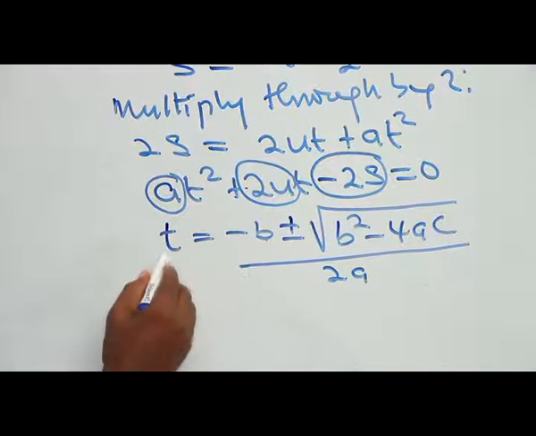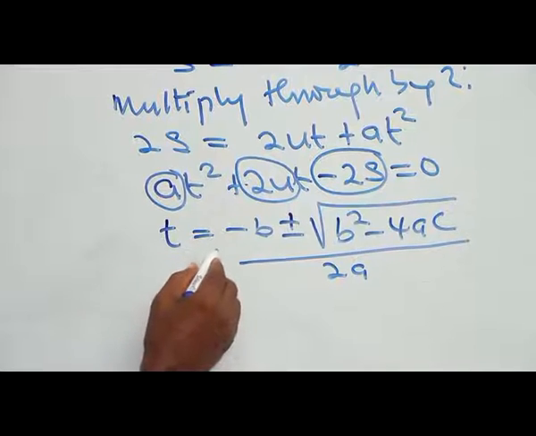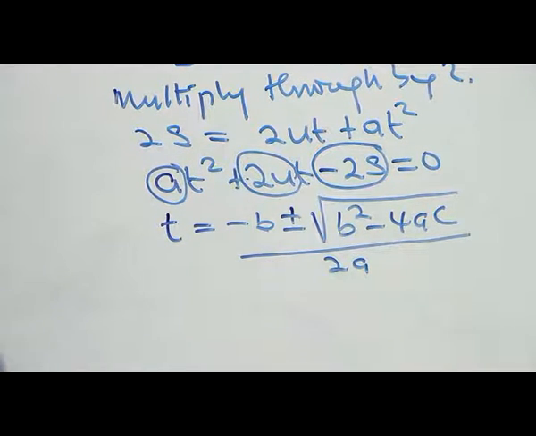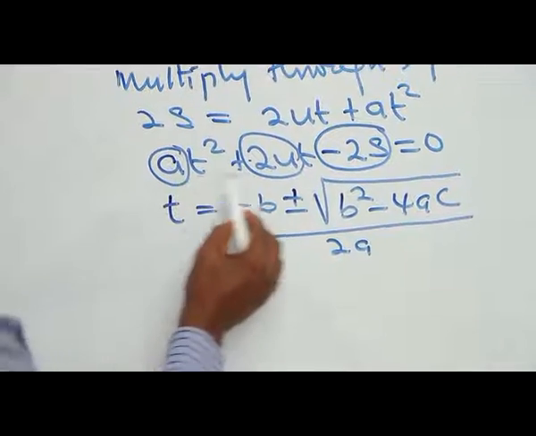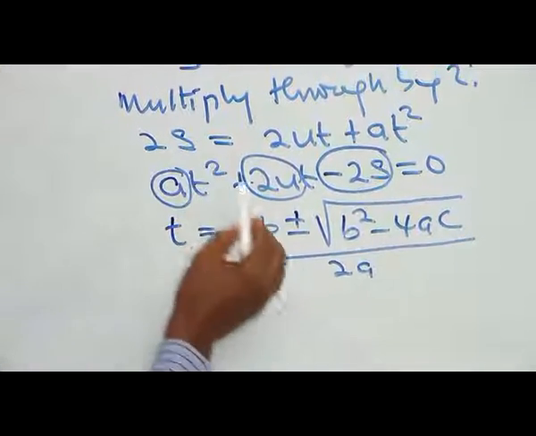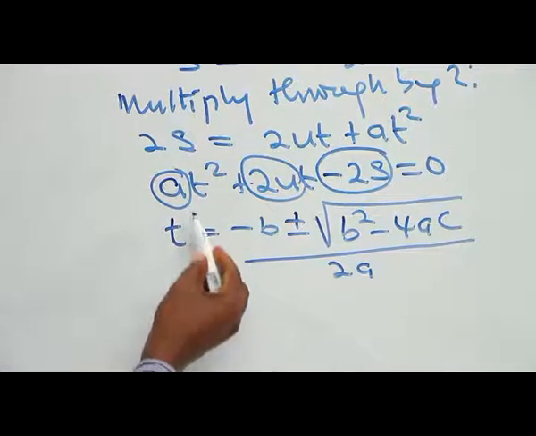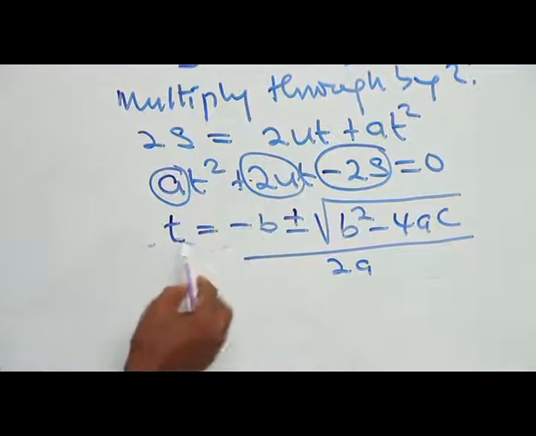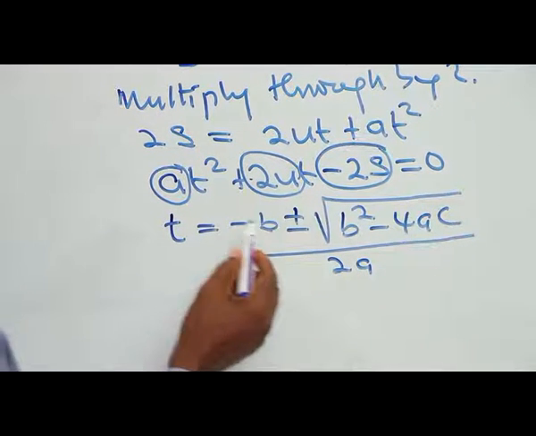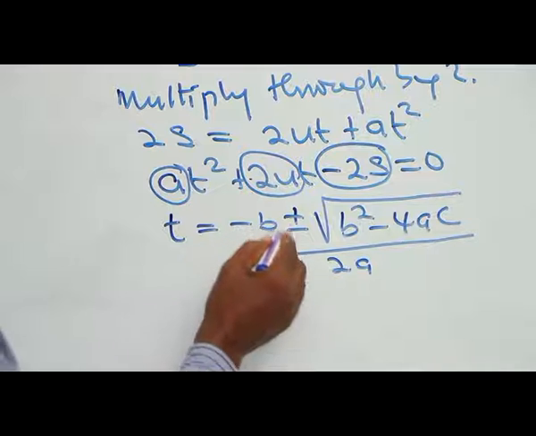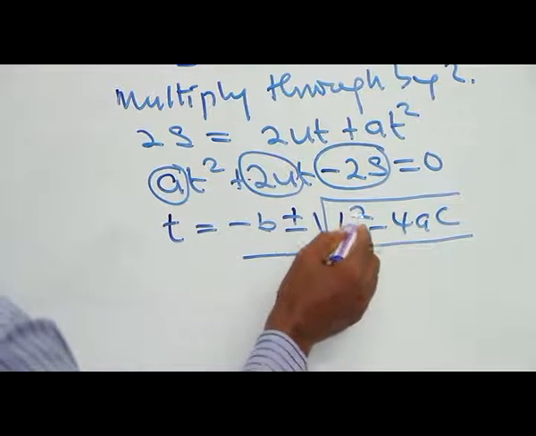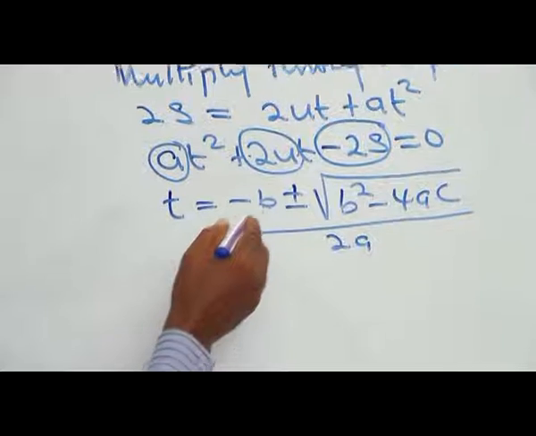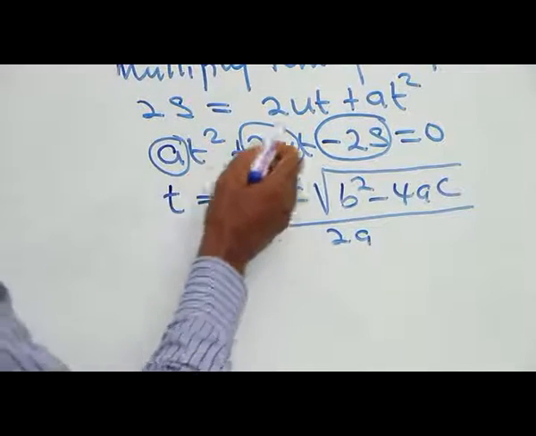Based on that, we now take t to be equal to the general formula for solving a quadratic equation. We cannot solve this by factorization, it's obvious, and we can also solve it by the method of completing the square. Better is to use the general formula. In this case, we have minus b plus or minus the square root of b squared minus 4ac all over 2a. Identify your b. Your b is your 2u.